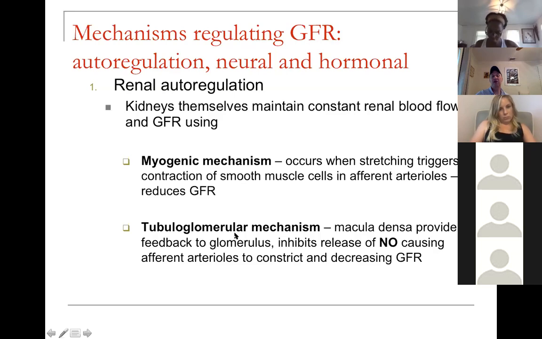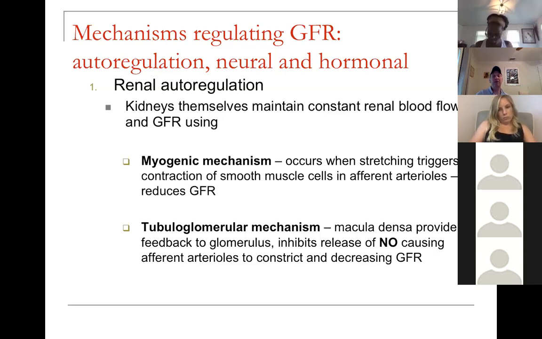What happens is you now have an antagonistic mechanism that's using the macula densa to say, hey, the pressure's too low or the pressure's too high. What it does is it inhibits the release of nitric oxide. That then causes the afferent arterioles to constrict because it's not allowing vasodilation to occur.